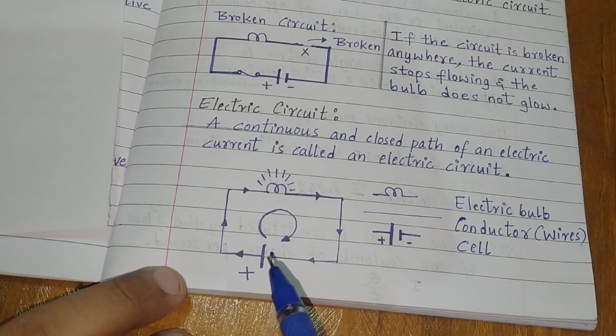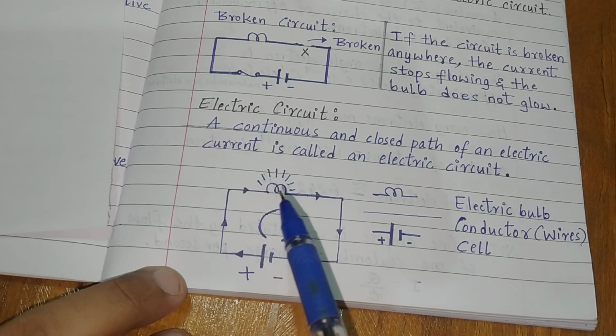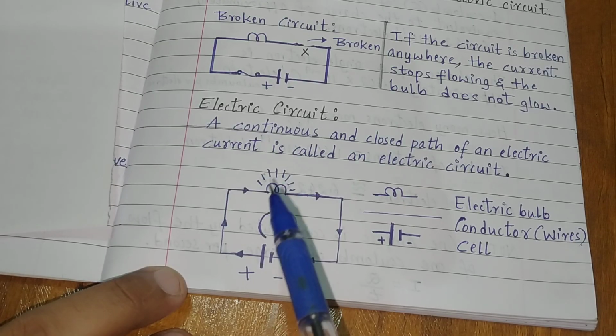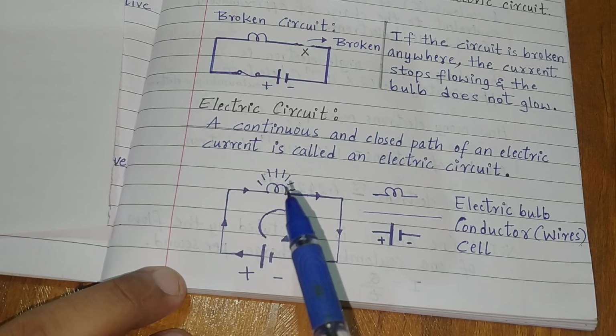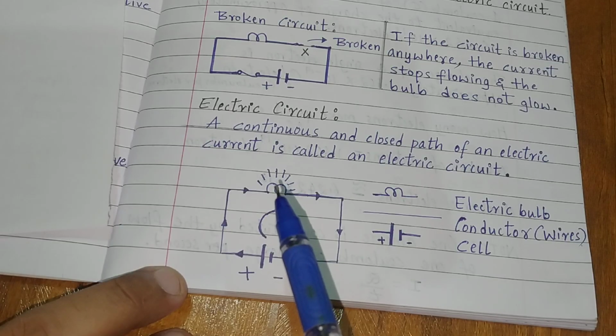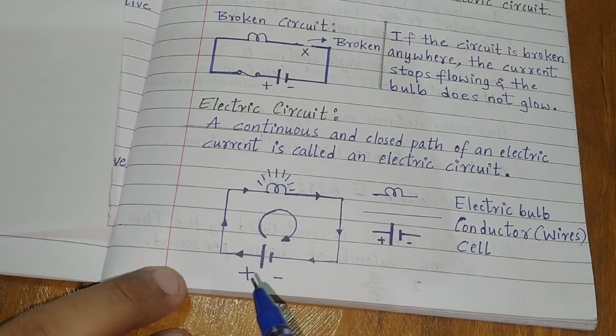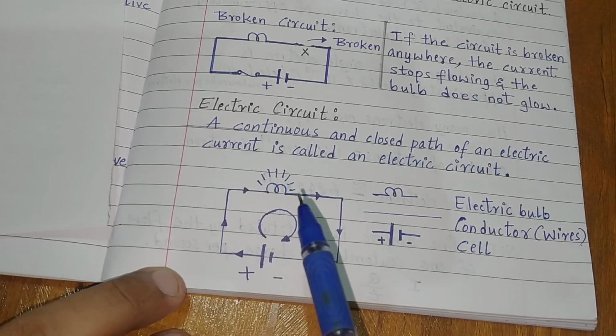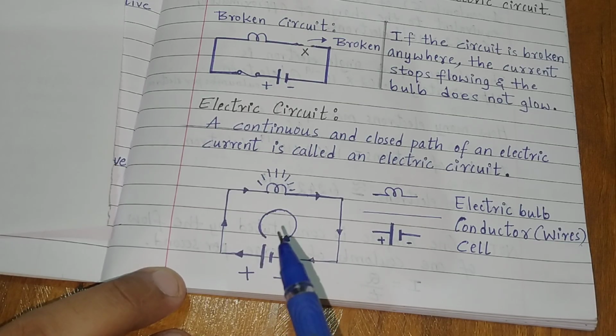Hence, with flow of current in a completely closed circuit, an electric lamp or an electric bulb will glow. See here, plus minus potential difference, direction of a conventional current or an electric current, bulb is glowing. Again, direction of a current is coming towards a negative terminal. It is a completely closed path.